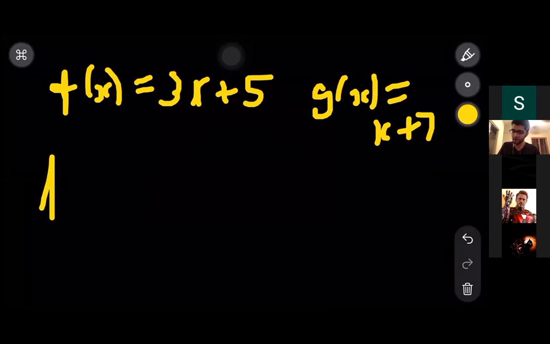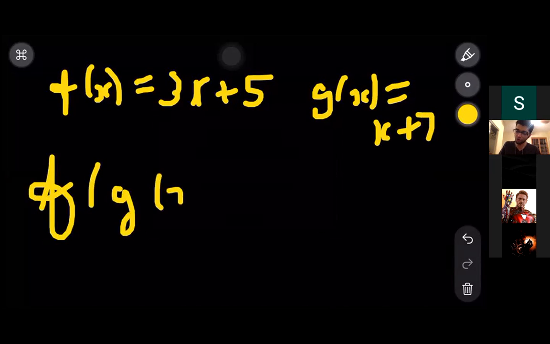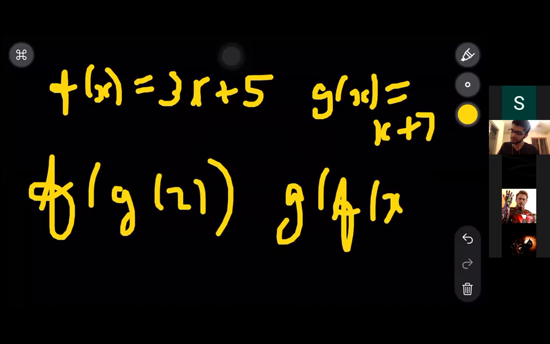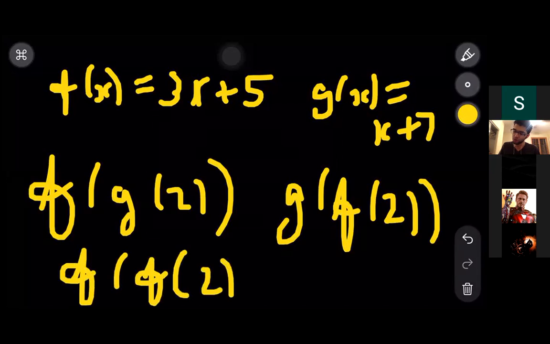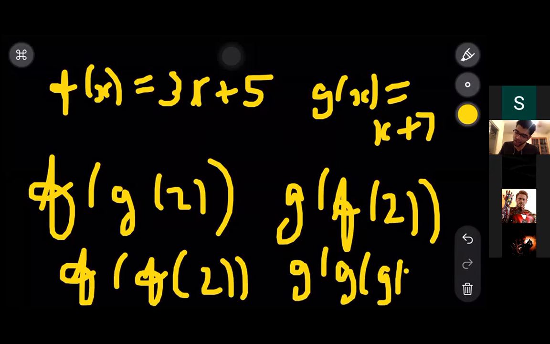Can you all calculate what is f of g of 2, g of f of 2, f of f of 2, and what is g of g of g of 2? The last one is totally crazy. You do g of 2, you get an answer, you do g of that, and then you do g of that. So let us take a few minutes and try to solve these 4 simple problems.